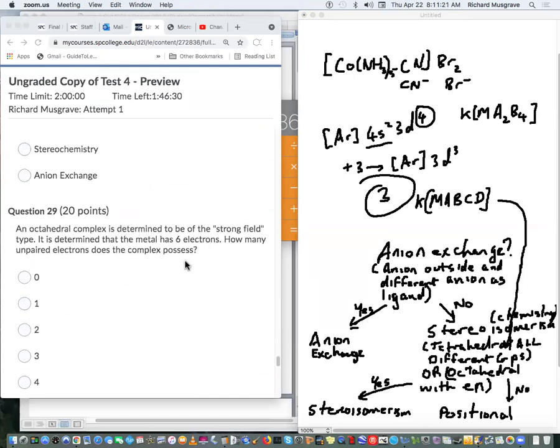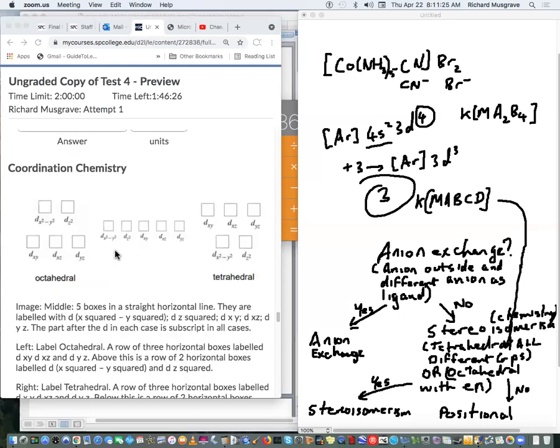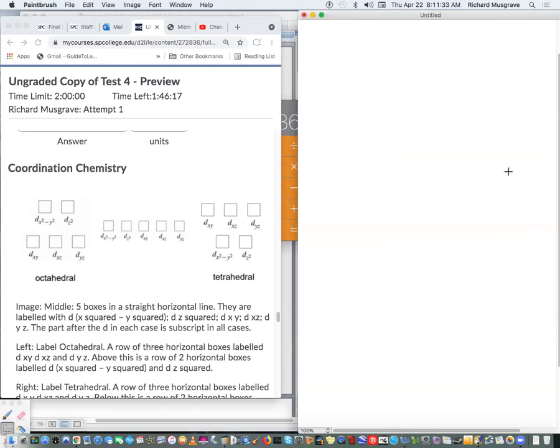How many unpaired electrons does the metal possess? This is not actually a very difficult problem because I give you the splitting diagrams up here. If it's octahedral, then this is the splitting diagram you're going to use. I make this section very easy here for you.